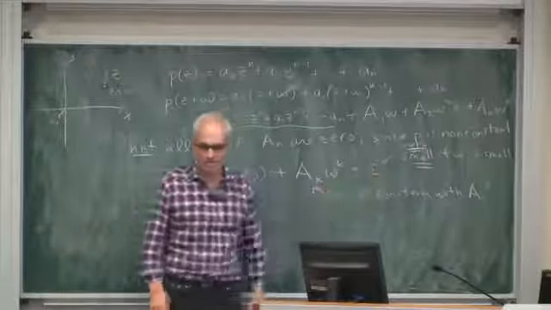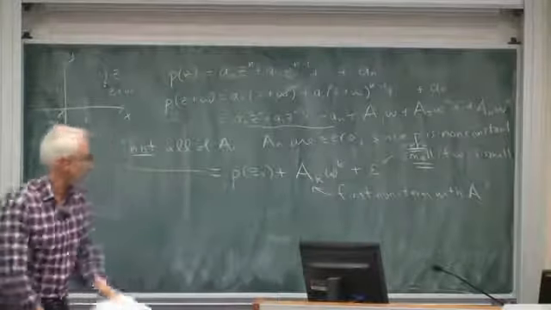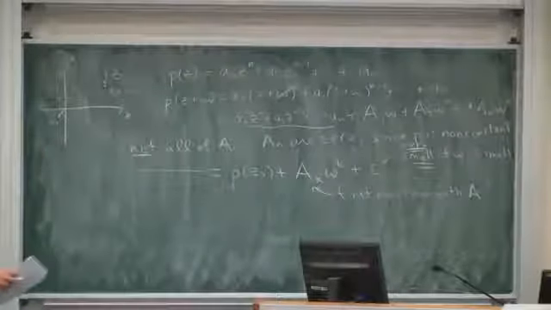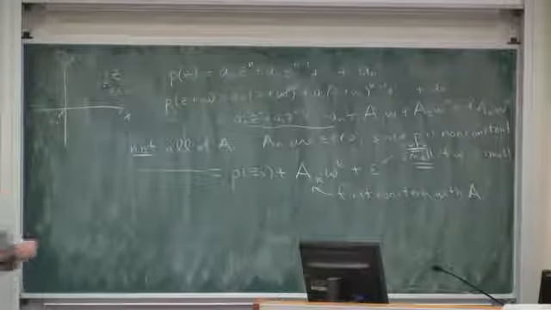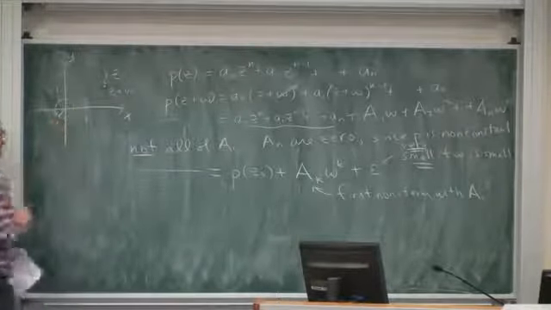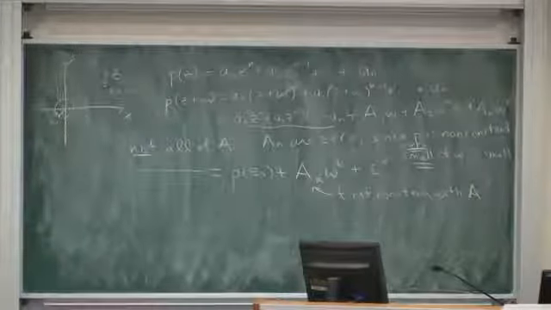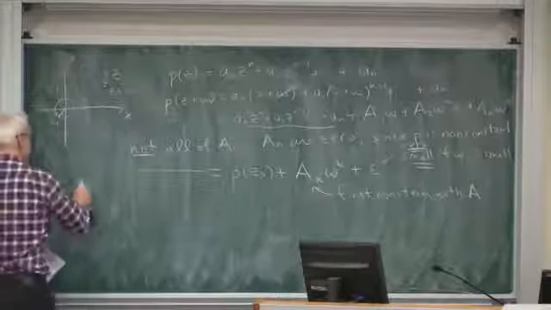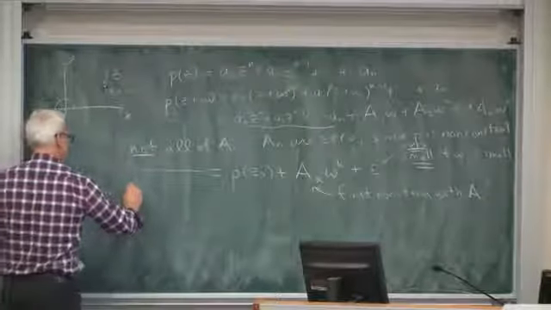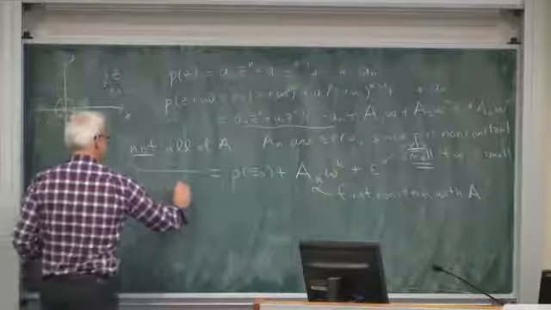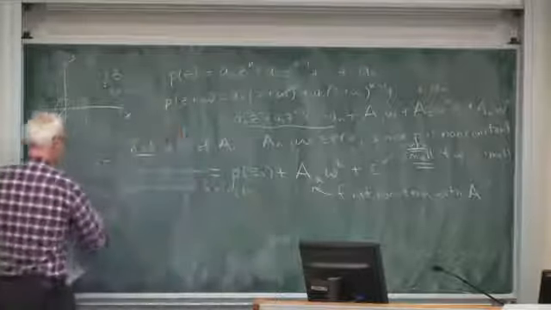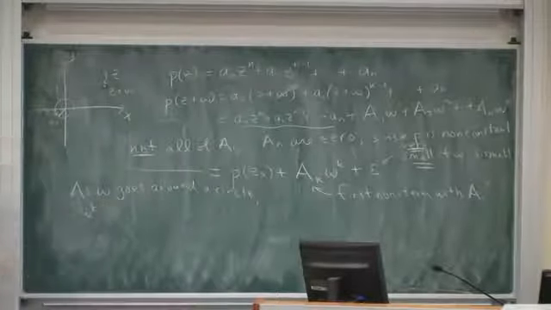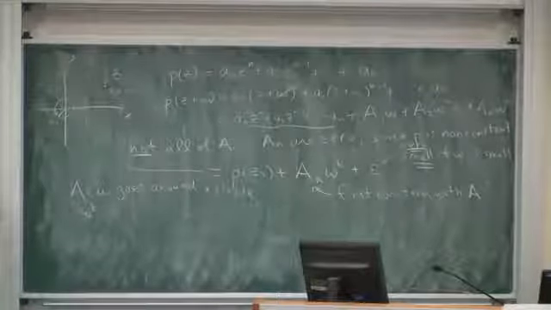That's the idea. Okay, so then D'Alembert says, all right, let's just have a look at this. What happens to this as we move w around a little circle? If w goes around a little circle, what happens to w to the k? It also goes around a circle.